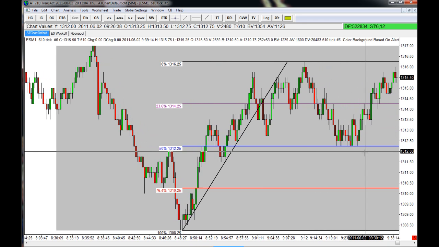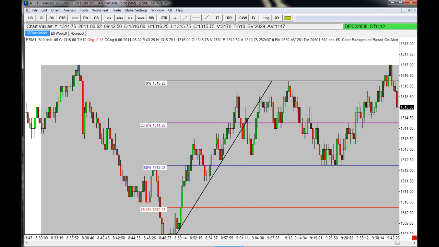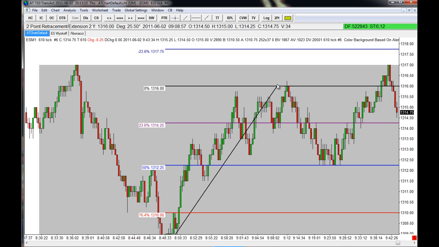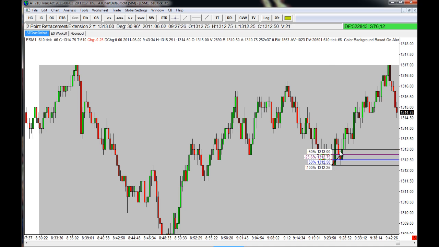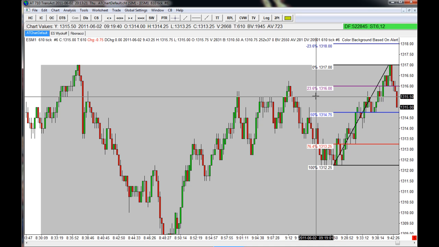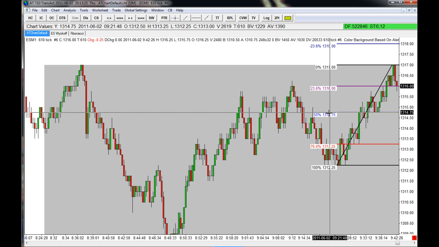Okay, price then went up above the 0% line, then retraced, so I drew another fib from this pivot to this pivot. However, when I drew it, I noticed something that I forgot to mention yesterday in the videos.